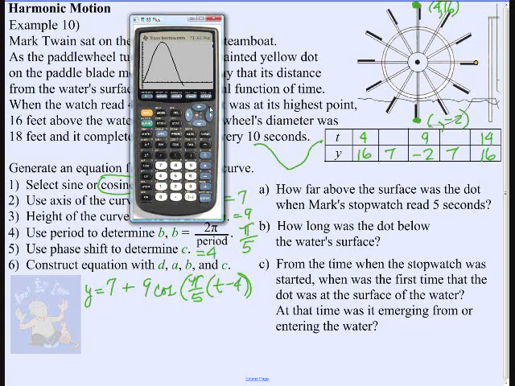And now we'll graph that. Alright, so we can see what it looks like. How far above the surface was the dot when Mark's stopwatch read 5 seconds?